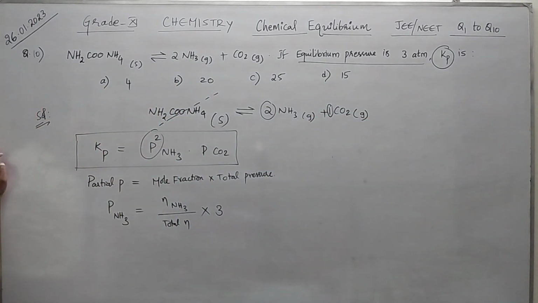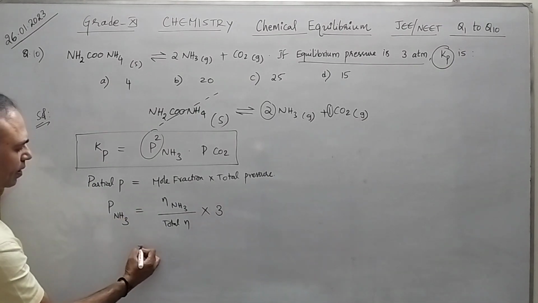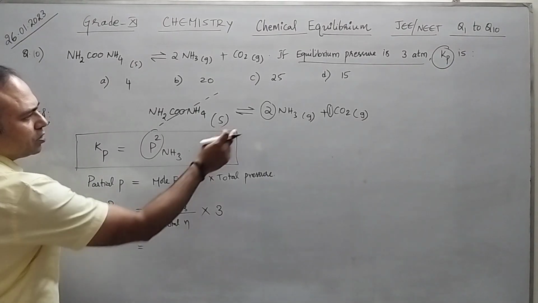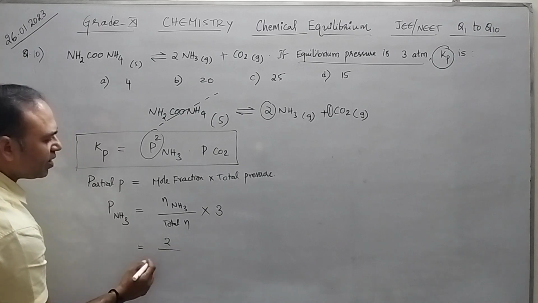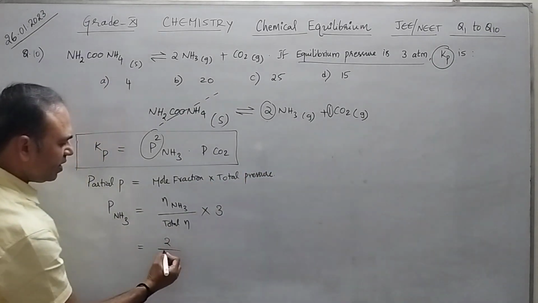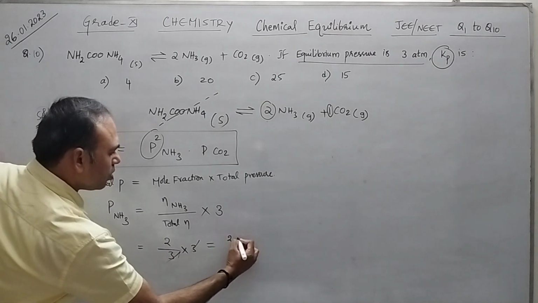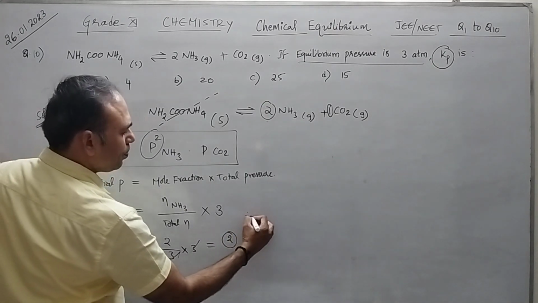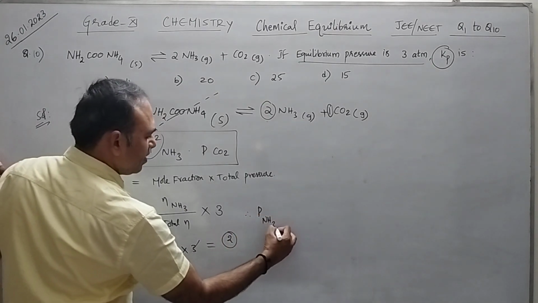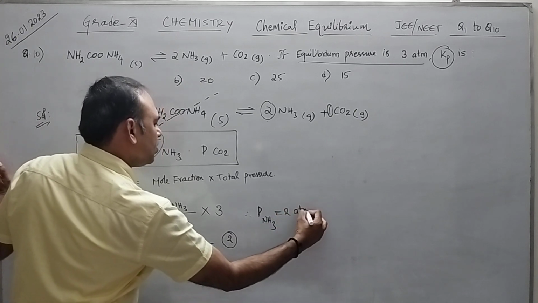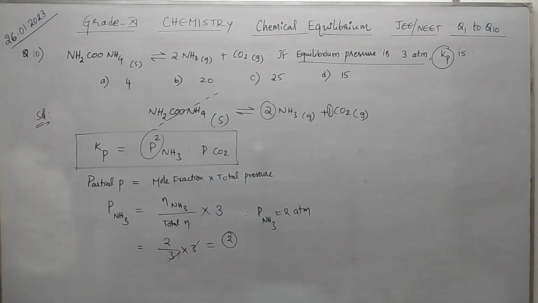So into 3. So what is n here? n is equal to 2 divided by total number, 2 plus 1, 3. So 2 by 3 into 3. So we cancel 3, and therefore we have the value for partial pressure of NH3 as 2 atmosphere. Hope we have understood the calculation.